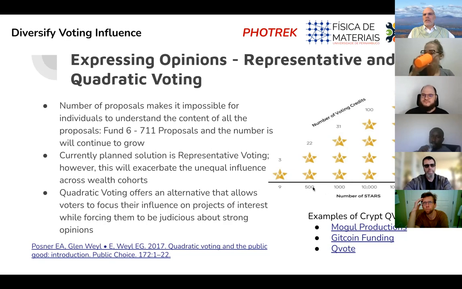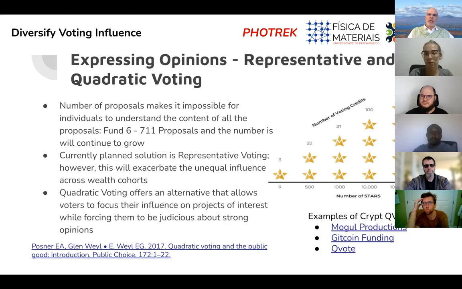But for instance, if you have 10,000 stars, then you get 100 allocation of votes credit, or the square root. It costs you quadratically to have voting power. This is how you allocate to different proposals.